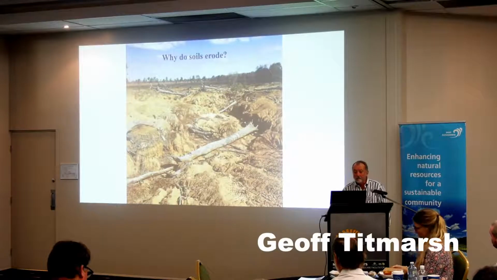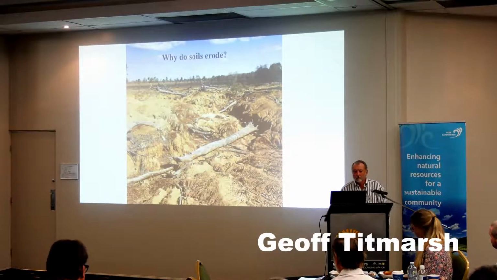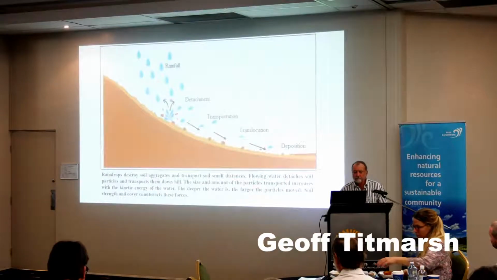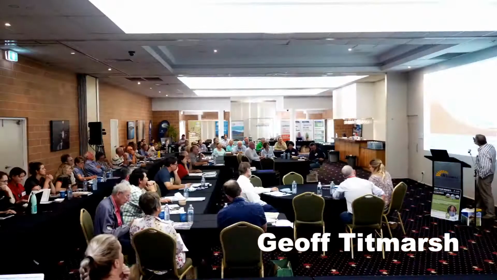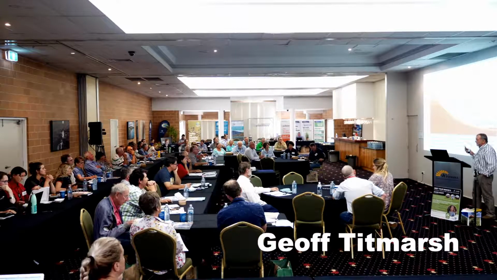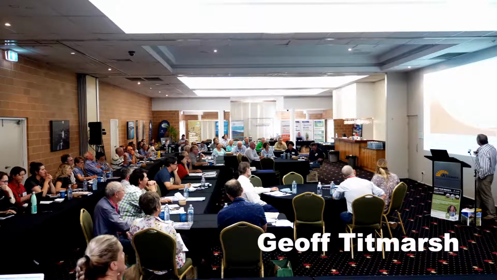So why do soils erode? This is the next one. So this is the sort of process. You start with rainfall. It hits the soil. You get splashed downhill. A little bit uphill, but most of it, because of gravity or whatever, all goes downhill.